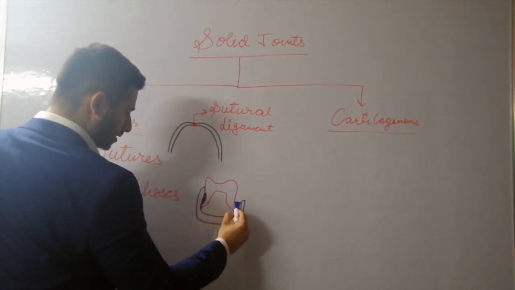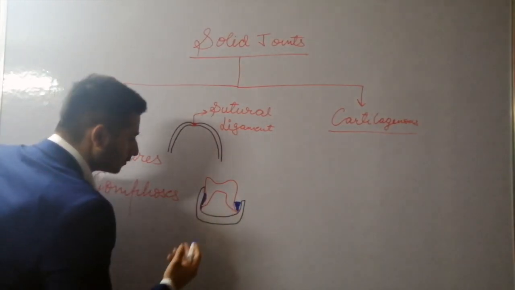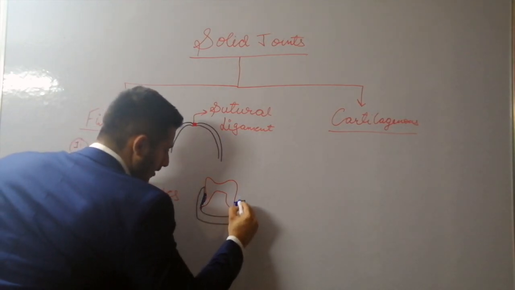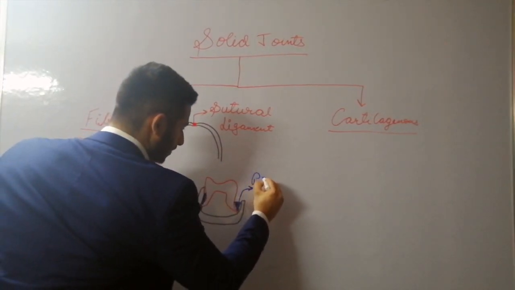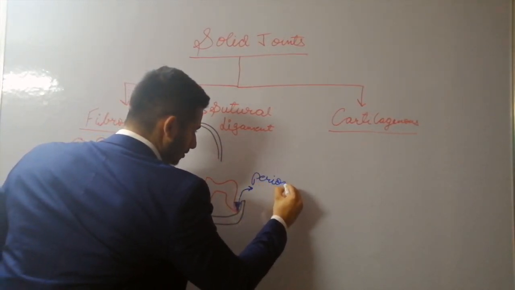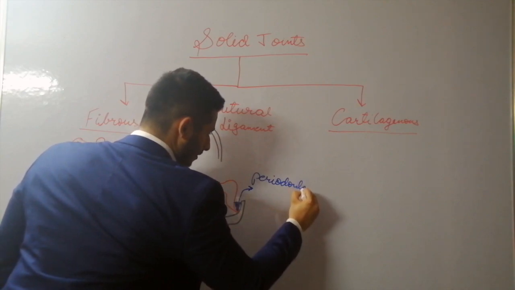The tooth is connected to this socket through a fibrous tissue, and this is known as the periodontal ligament.